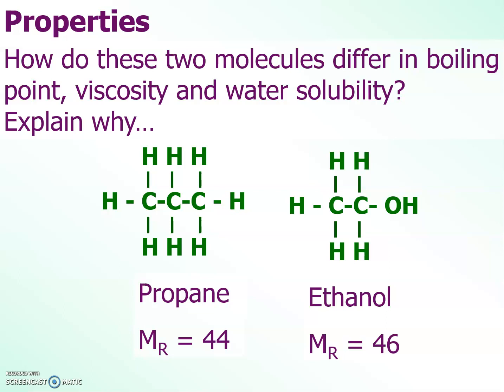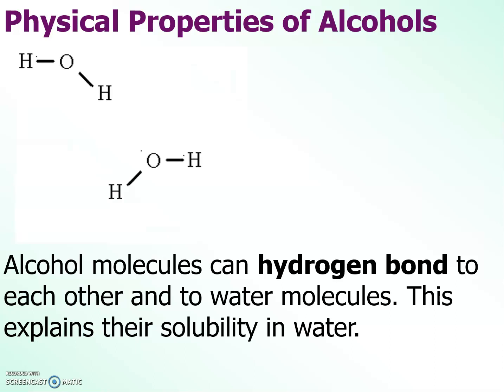But here, the van der Waals force of attraction is not the same, though the molecular weights are close to each other. The only difference is that in ethanol we have an alcoholic group. That alcoholic group is responsible for strong intermolecular hydrogen bonding. Hence, alcohol has a higher boiling point when compared with propane.